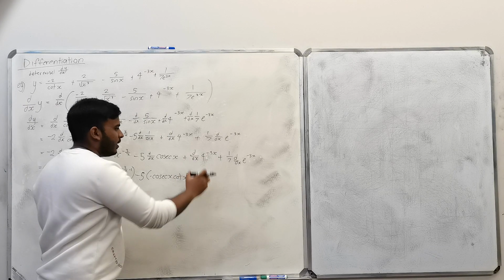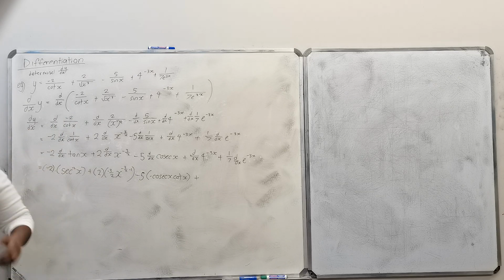Then this one here, we said we have to convert it into logs, which will be number 6. Rule number 6 is a to the power x is equal to a to the power x ln of a.